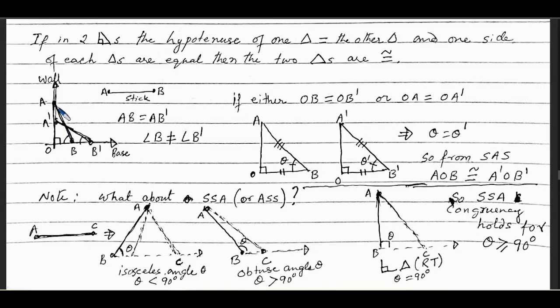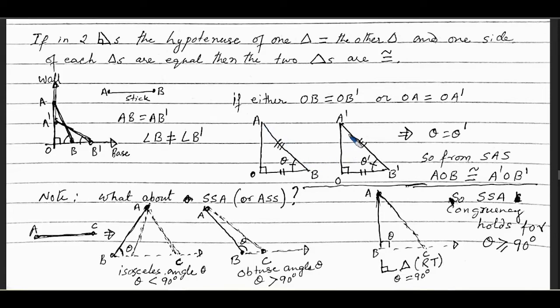So this is what it is saying, that if the hypotenuses are the same and also the bases are the same, then the triangles are congruent, they will overlap. So either OB is equal to OB prime or OA is equal to OA prime, one condition, it says one side. Here I have drawn it more elaborately.